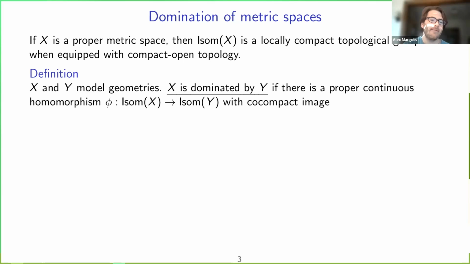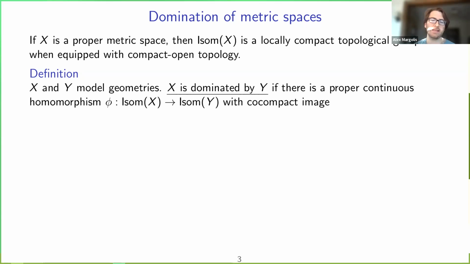And if we have two model geometries, X and Y, we say X is dominated by Y if there's a map phi between the isometry groups from Isom X to Isom Y, which is firstly continuous, secondly is proper, so that means inverse images of compact sets are compact, and thirdly has compact image.